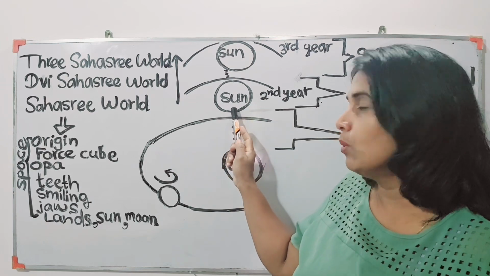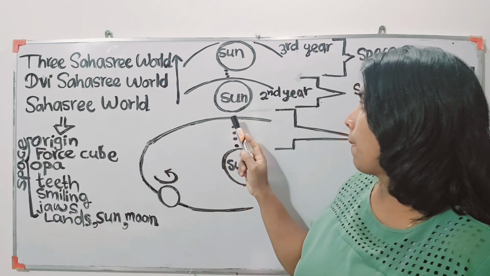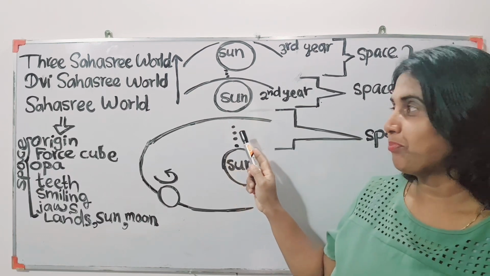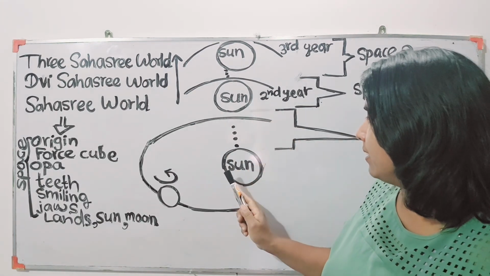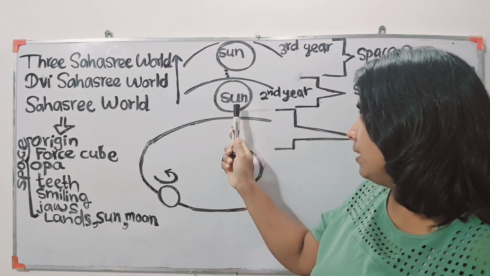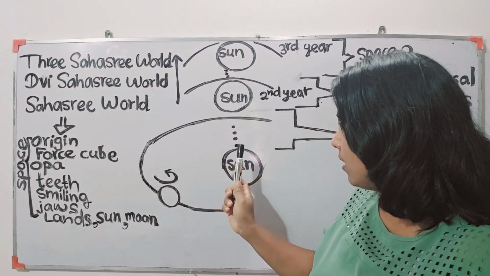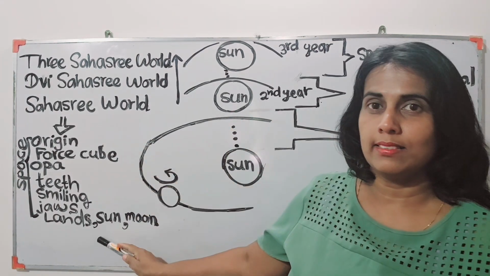So this includes those sciences. That means the human brain. And when this is creating our sun, then our sun also includes all those universal sciences.